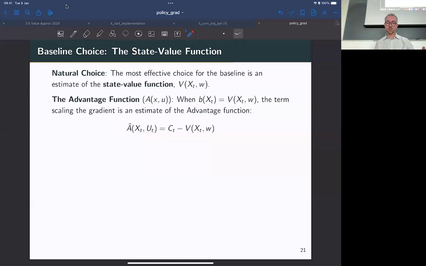So now this new term that we are using for deciding whether to increase or decrease the probability of a certain action really has a sign that's correlated to how good that action is with respect to what the policy does on average. So in expectation.